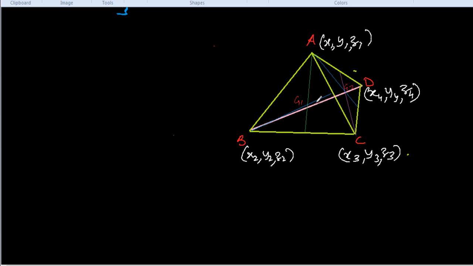We have to find out the centroid of the tetrahedron. Then one more line we have to draw from vertex D up to this centroid. So we will make a line here, this line G1D, and one more line, because this is the G2 centroid of this triangle ADC. So we have to draw from point B. I draw one thick line of a different color here. So this would be like this.